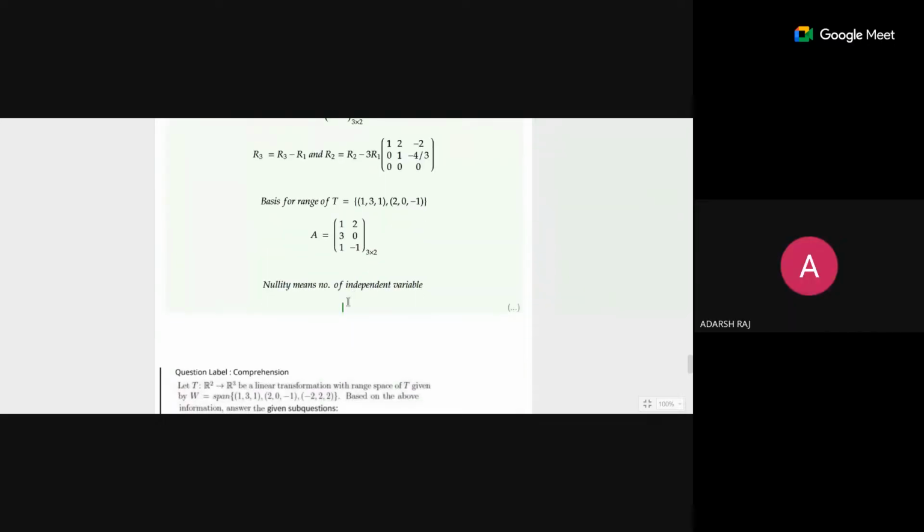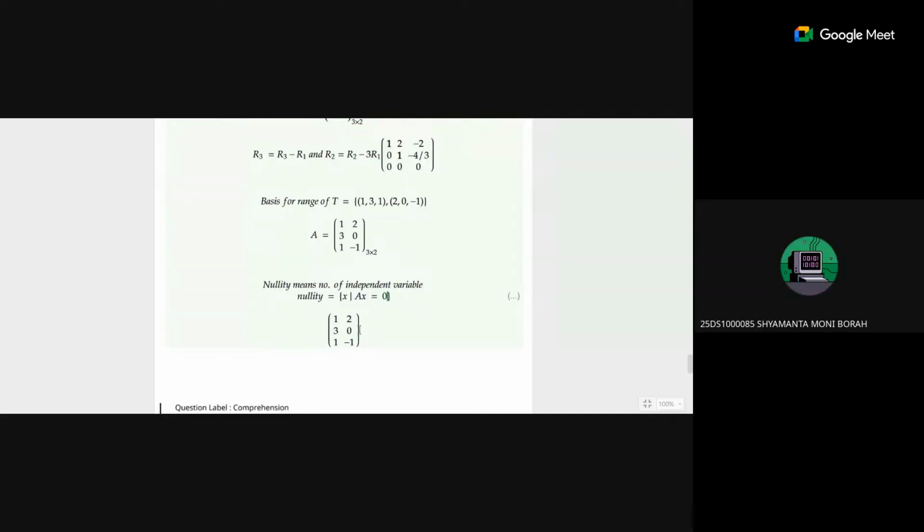So for finding nullity, nullity also called kernel. Nullity is the set of all x such that Ax equals 0. Just do REF.